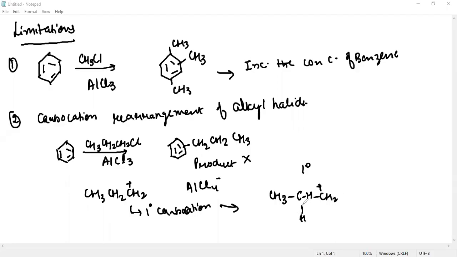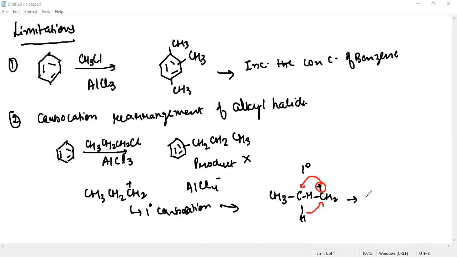So what will happen, this hydrogen bond here will shift towards this carbon, and the positive charge which was present earlier here will shift here, okay? So this is known as the hydride shift, and let me show you the result of this move.